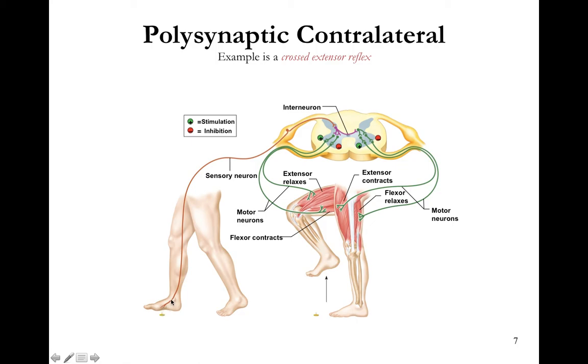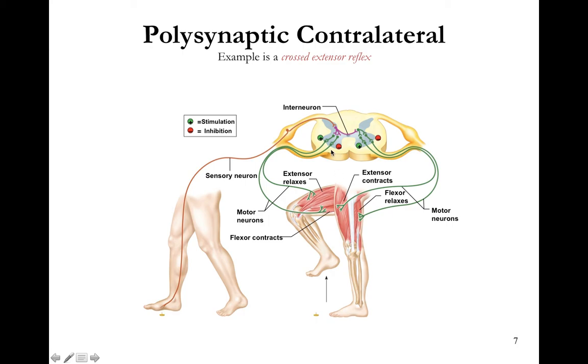That stimulus is received, sensory information comes in through the sensory neuron, through that dorsal root, synapses with an interneuron, which then synapses with multiple motor neurons, and those motor neurons are going to exit through the ventral root and then eventually synapse with their effectors, which are muscles.